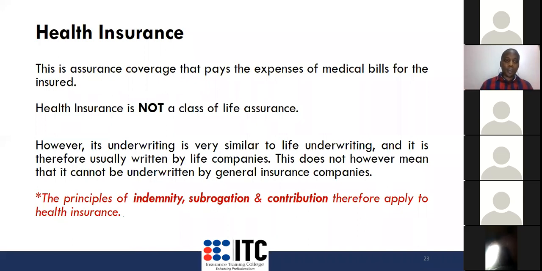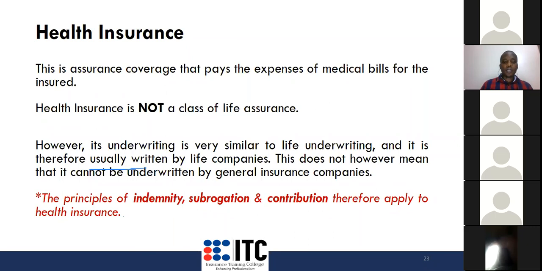Now, my health insurance comes in to pay for those bills associated with the medical costs, the health costs of my eyes. So you find that it is actually not a class of life insurance. However, in terms of underwriting, it's very similar. When we do our risk profiling in life, we look at medical related issues as well as some financial factors, but the major underwriting comes down to medical.